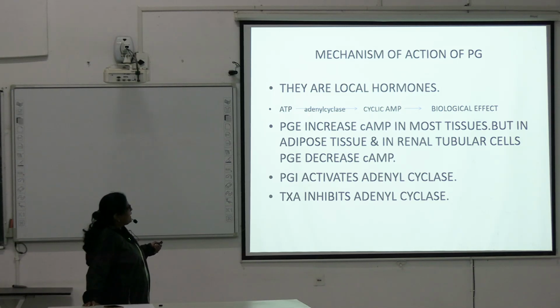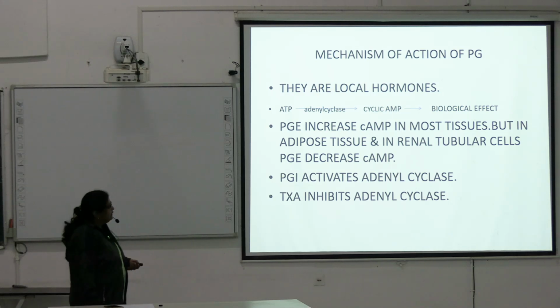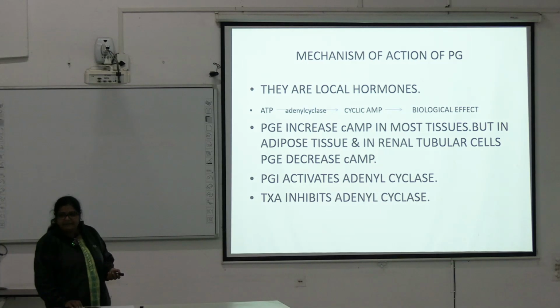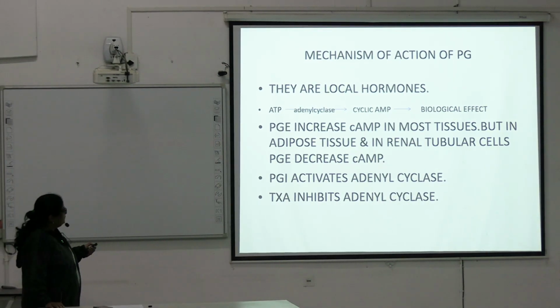ATP is converted by adenylyl cyclase to cyclic AMP, and this cyclic AMP produces different biological effects.